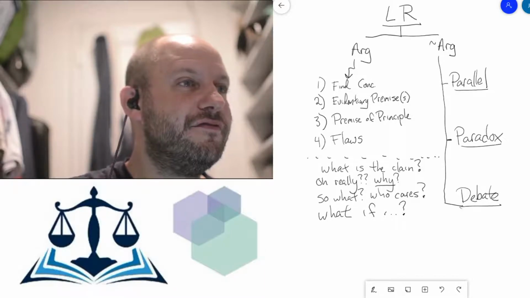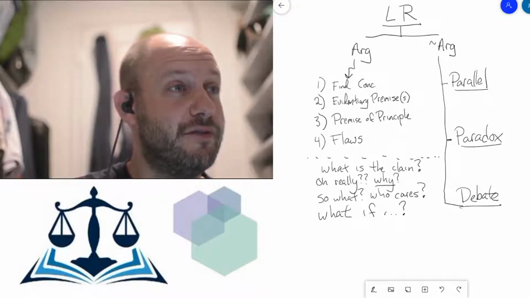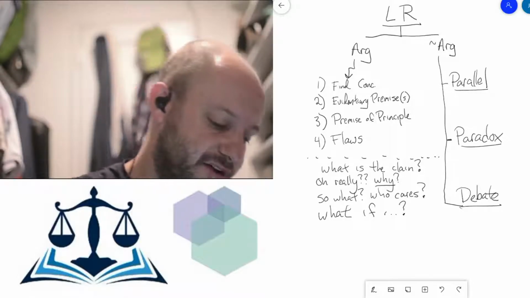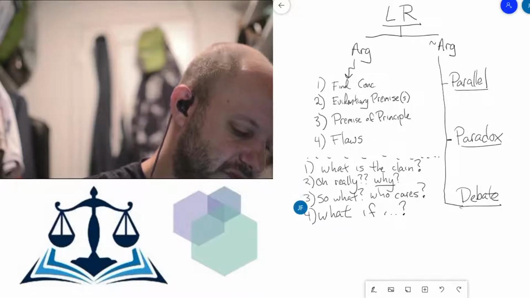What if Jake's students all work with secondary tutors as well, and those tutors are doing a better job than Jake? Those are the what ifs. That's how you get your flaws. So what is the claim is number 1. Number 2, oh really? Why? Number 3, so what? Who cares? And number 4, what if?